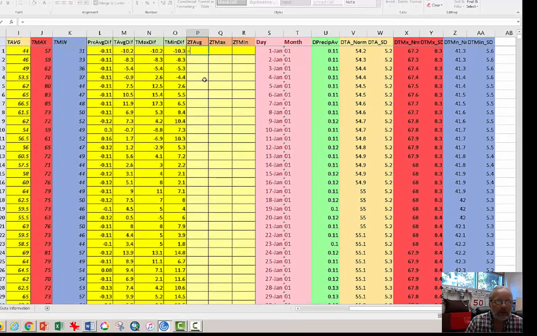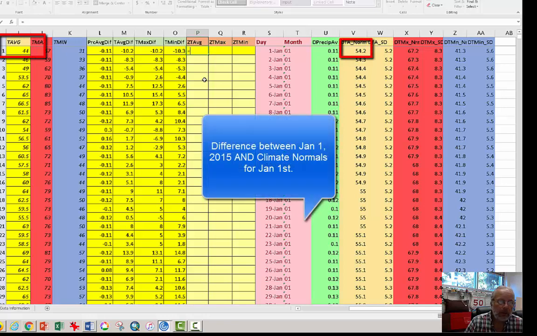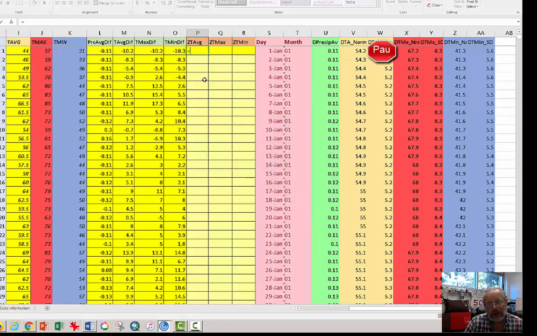The formula asks you to take the difference between the two values, the observation on that day and the climate normal, and divide by the standard deviation. Well, we've already done the first part, which would have been I2 minus V2.